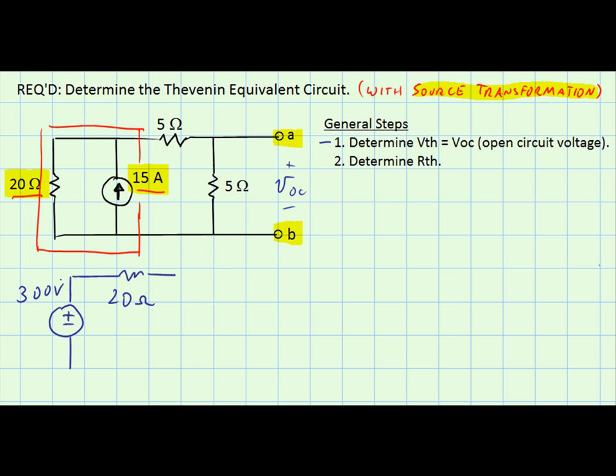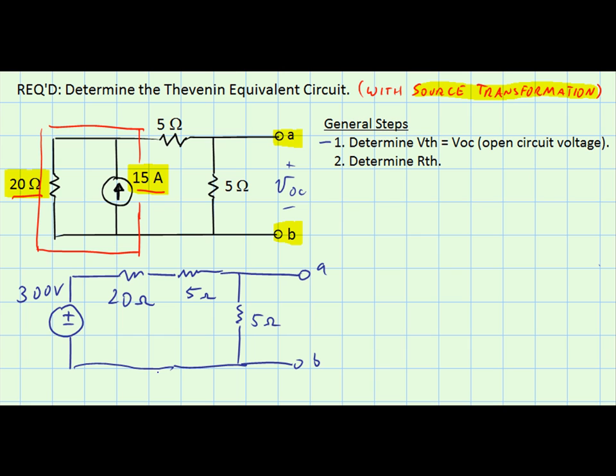The voltage source is 300 volts. Well, we got a 20 ohm resistor, so there's the transformation. And then there's the 5 ohm resistor still there, and the second 5 ohm resistor. And there's terminals A and B.